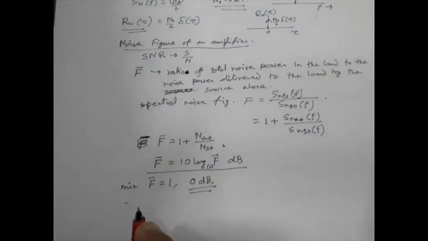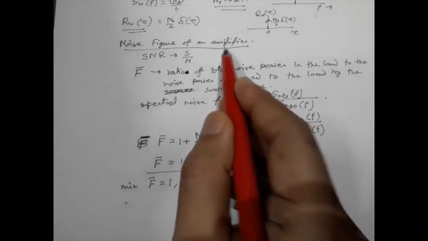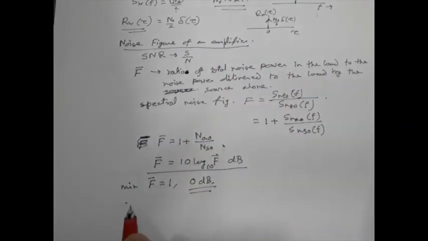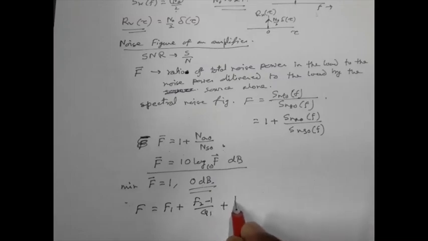For a cascade system, that means if we have a number of amplifiers connected in cascade, then the overall noise figure can be written as f1 plus (f2 minus 1) by g1 plus (f3 minus 1) by g1 g2, etcetera.